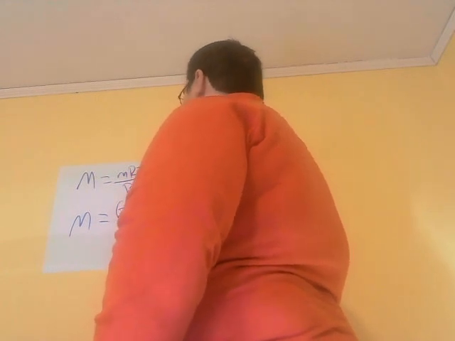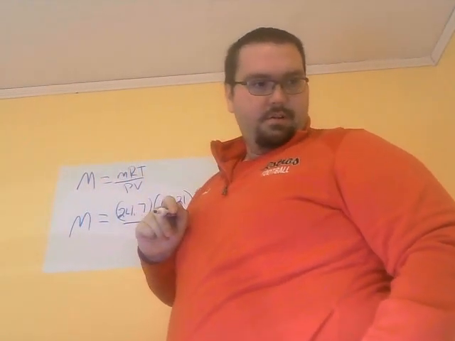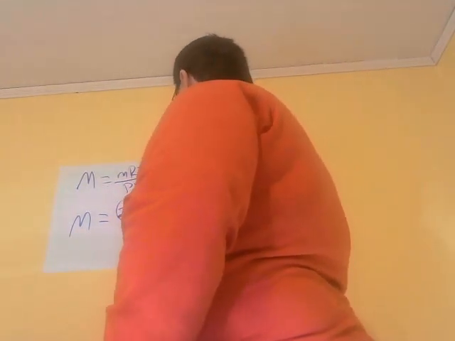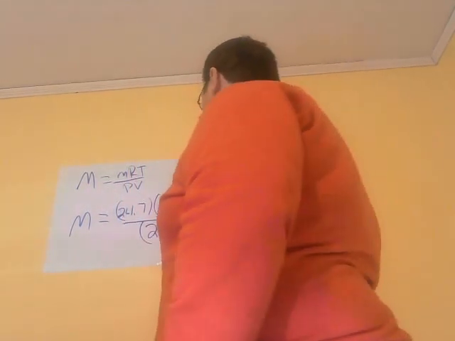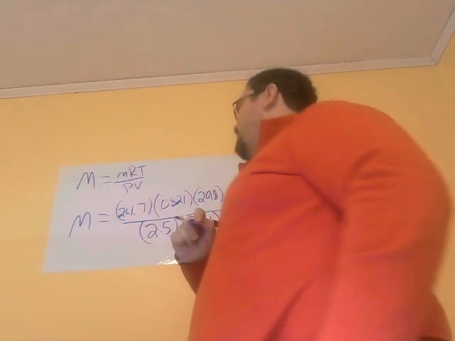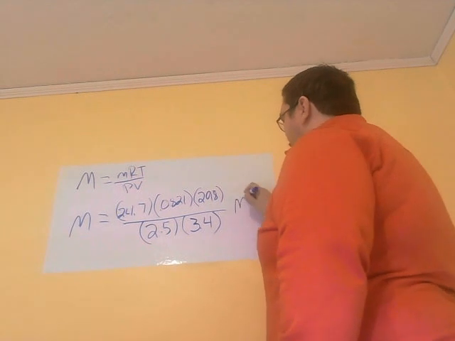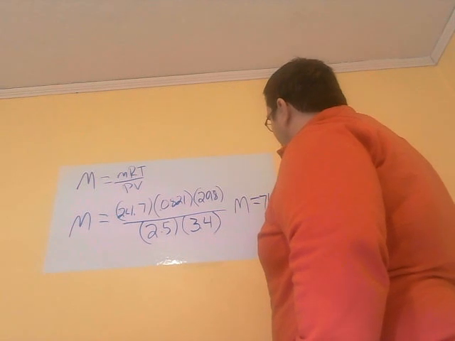R in this case is 0.0821. T, we were at 25 degrees Celsius, which is 298 Kelvin, over our pressure. Pressure was 2.5 atmospheres, times the volume of the gas, which was 3.5 liters. We plug all those numbers in, do the math out, and we get big M equals 71.1 grams per mole.